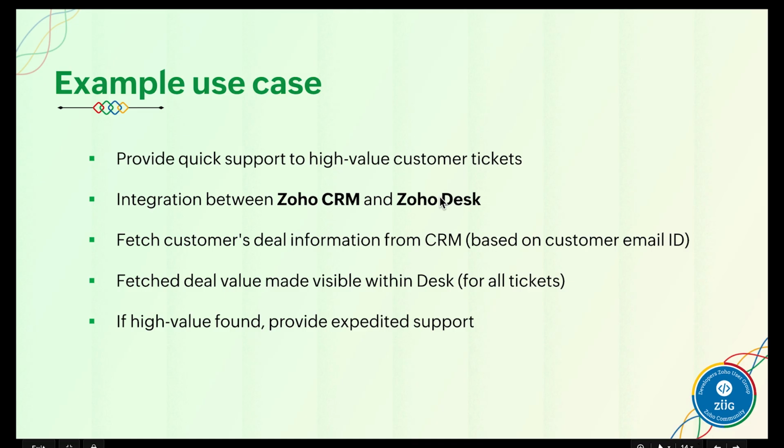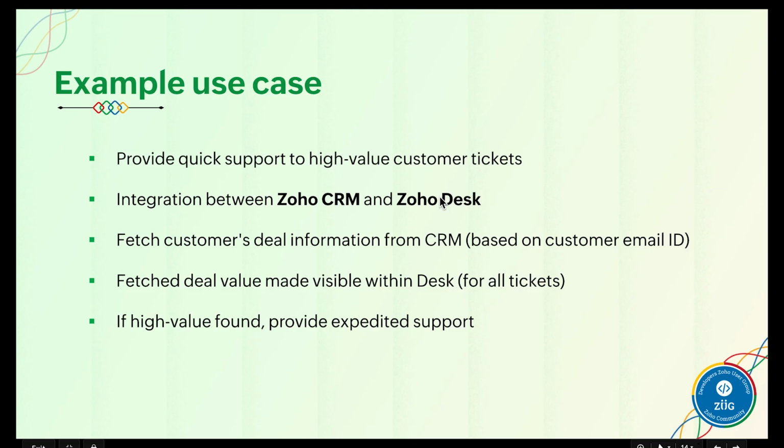When we say high value, it relates to a deal, right? And obviously the deal information resides inside Zoho CRM. So whenever a ticket is received in Zoho Desk, based on the email ID associated with that ticket, the email ID will be passed to Zoho CRM to check for the contact's availability, and if a contact is available in Zoho CRM, we will check for a deal's availability.